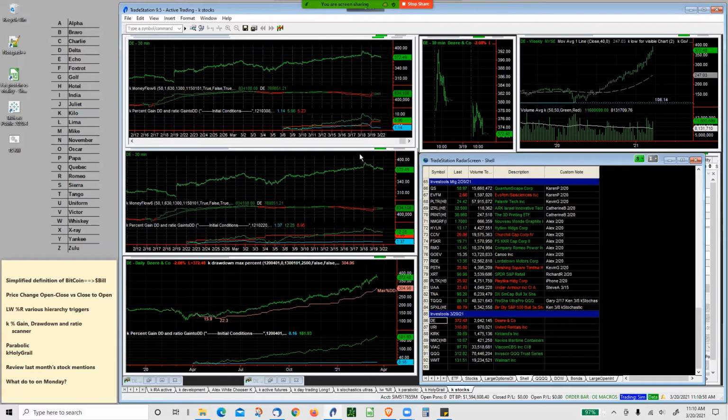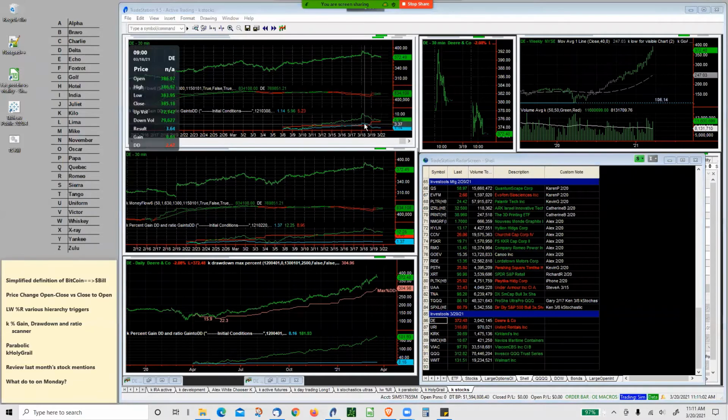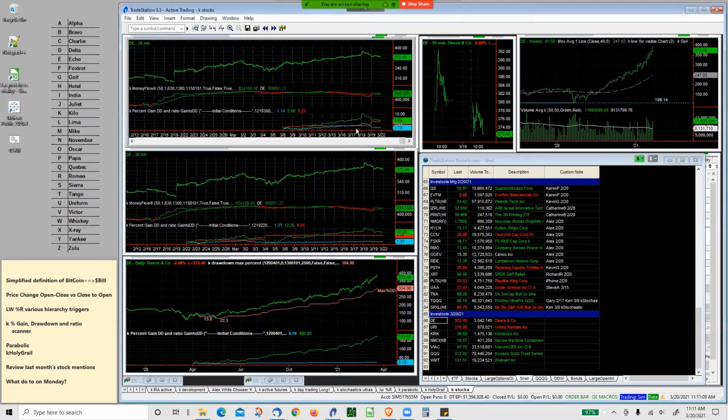So DE is doing pretty well, or was doing exceedingly well here until the 18th. I don't know what happened on the 18th, but the drawdown was very small, and the gains were really nice. So what are you using to qualify that?